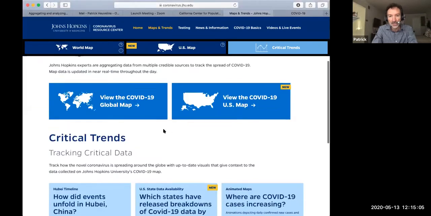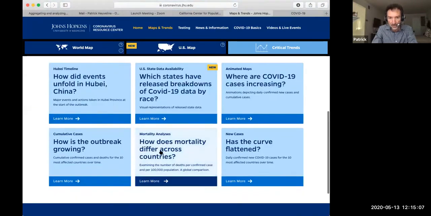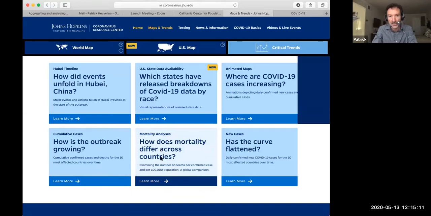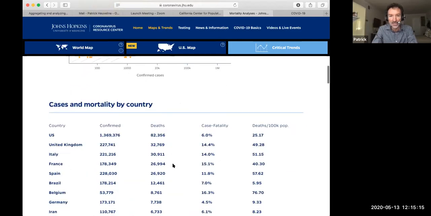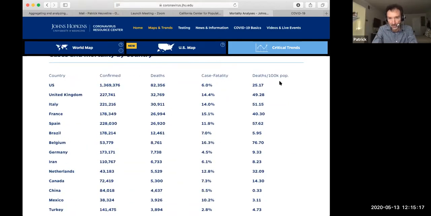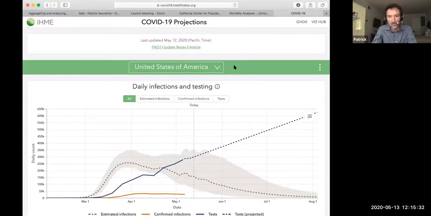And recently it started to provide something to compare mortality across countries. In this type of table, you have number of cases, number of deaths, and particularly deaths divided by population. And this is what has started me on this track of trying to provide a better metric than deaths per 100,000 population.